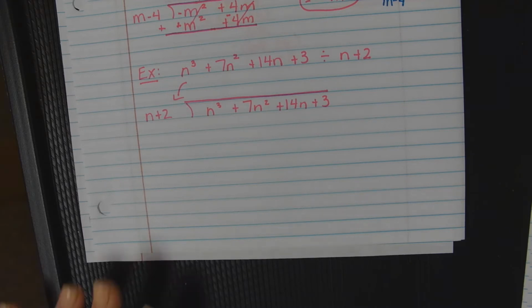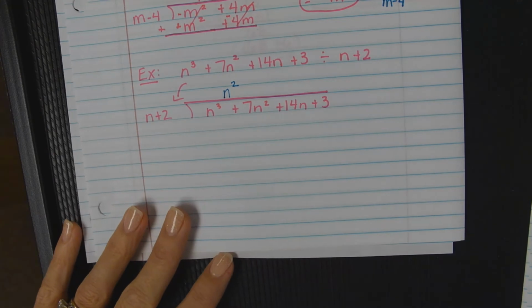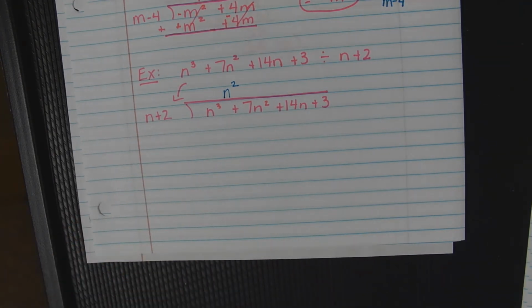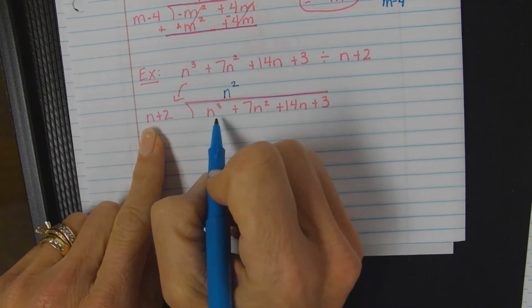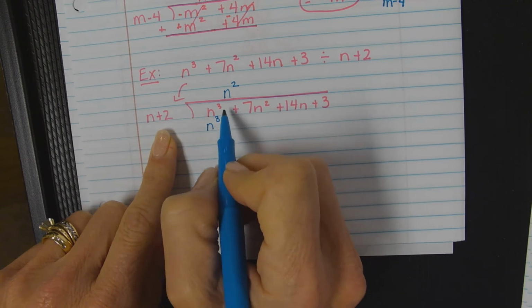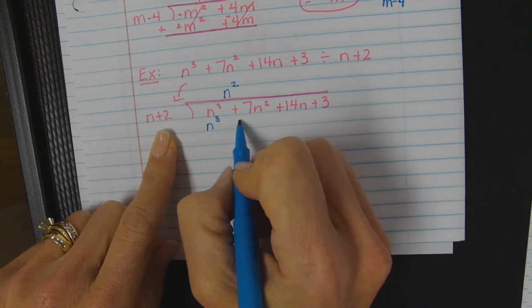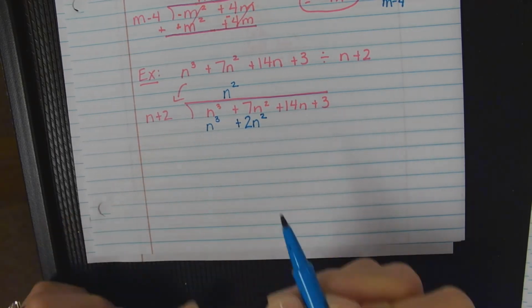N squared. All right, now just multiply. n squared times n is n to the third. N squared times 2 is positive 2n squared.